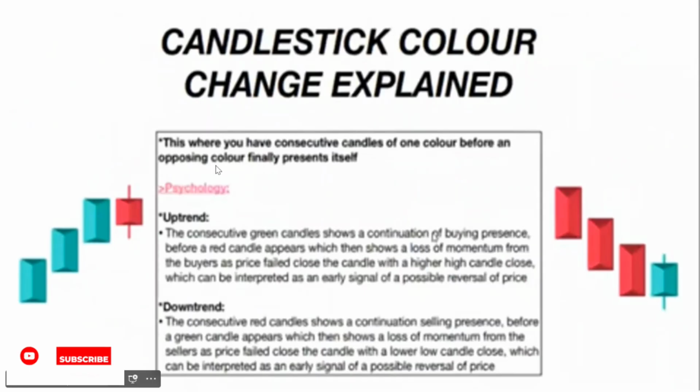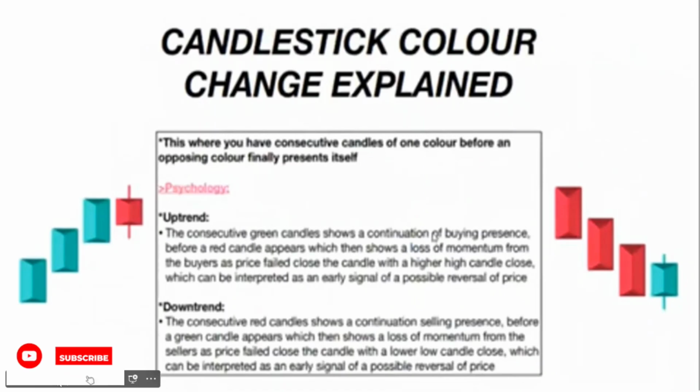Okay, so guys, let me be showing you guys some other meaningful examples. This is where you have candles of one color before an opposite color presents itself. Okay, so we have our uptrend over here.